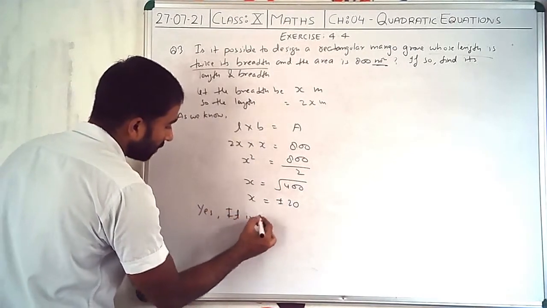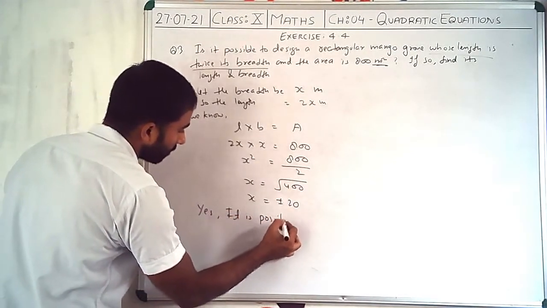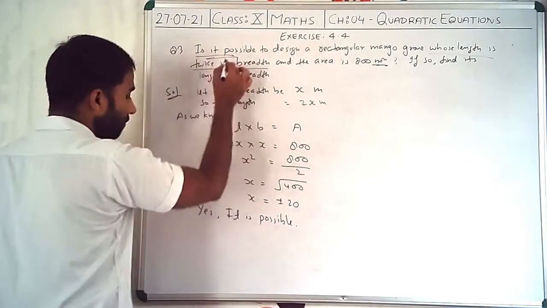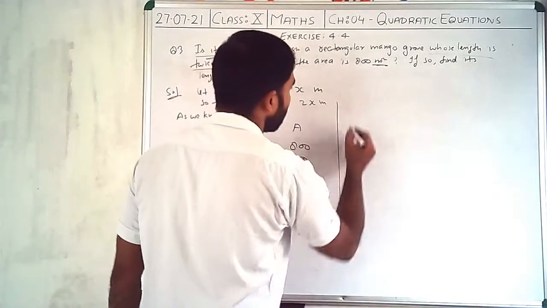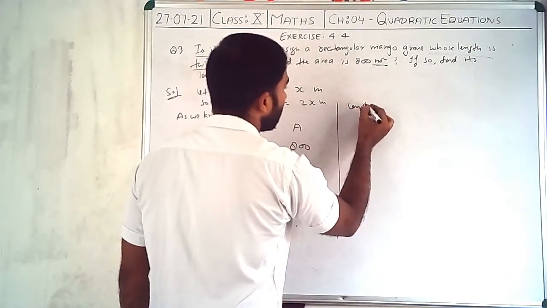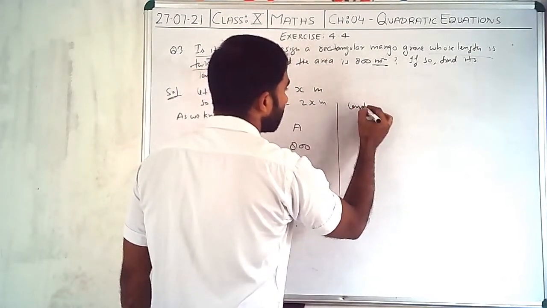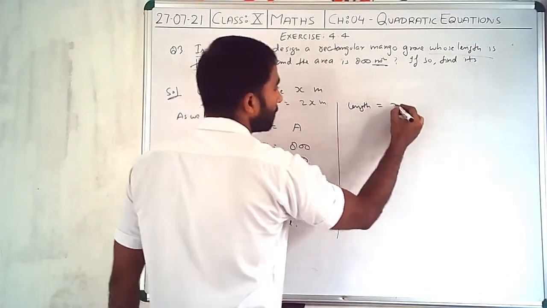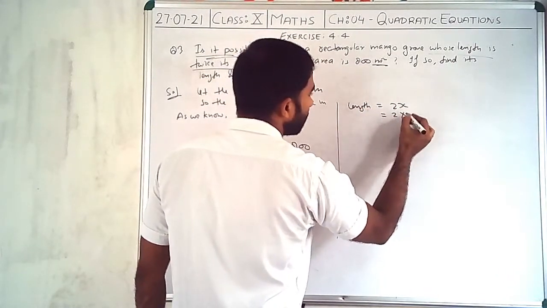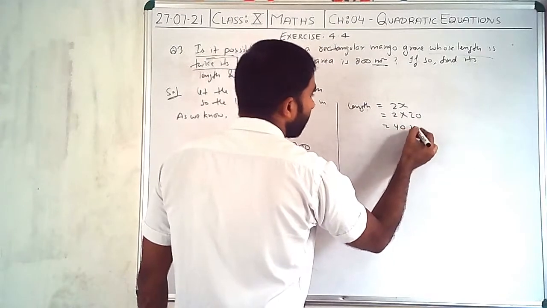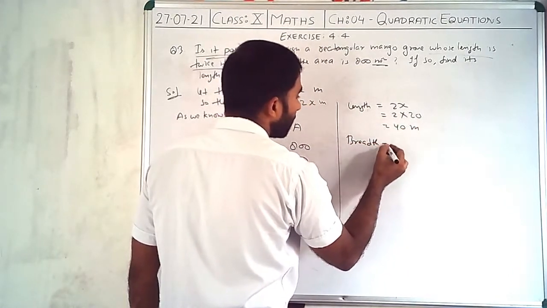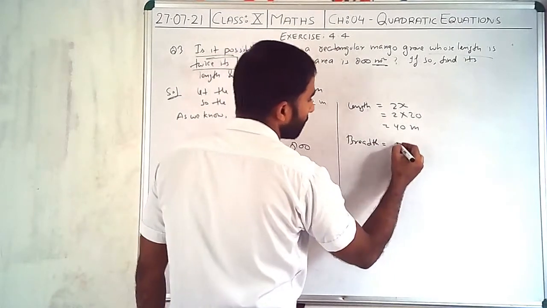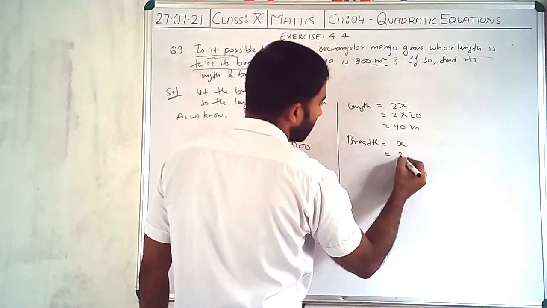The length of the mango grove is 2x, which means 2 into 20, 40 meter, and the breadth is x, which means 20 meter.